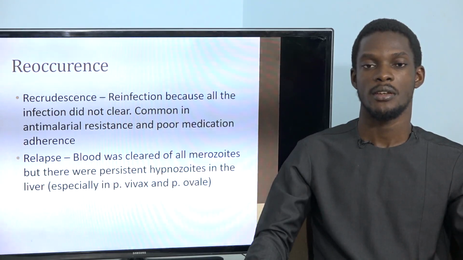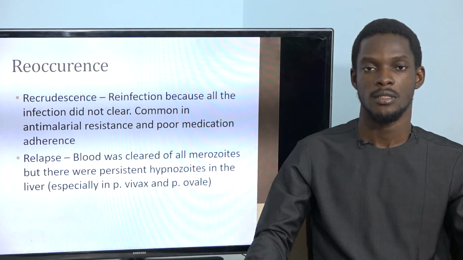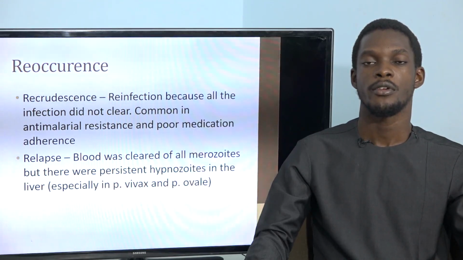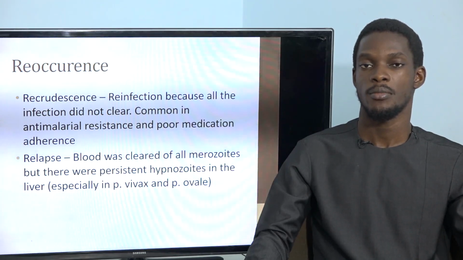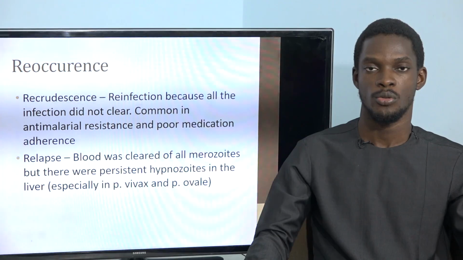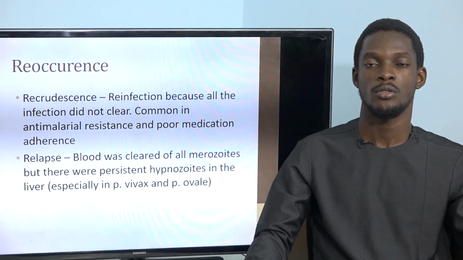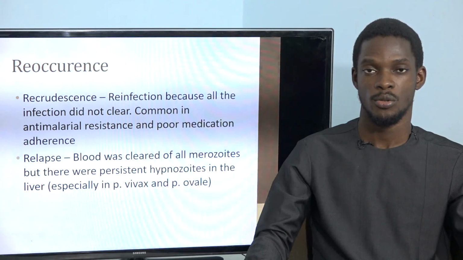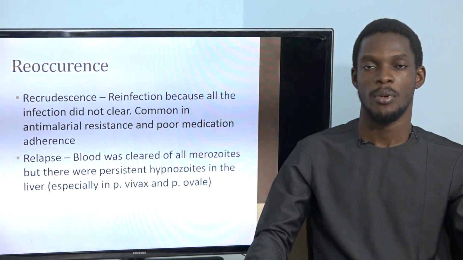Recurrence may occur in the treatment of malaria, and there are 3 classifications of recurrence. We have recrudescence. Recrudescence is simply when you did not take the treatment as you were told to, or you took the treatment only partially, and all the parasites did not clear from your bloodstream.